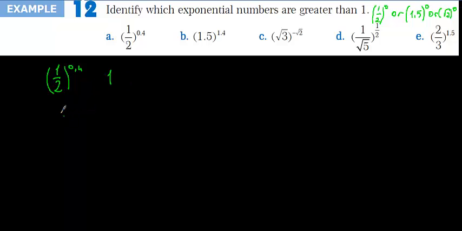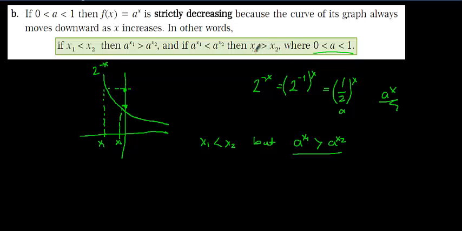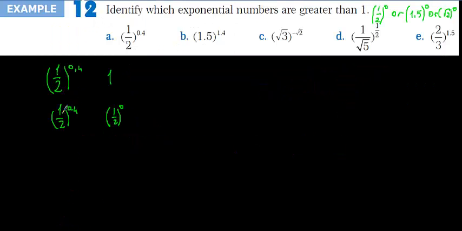Okay, for finding this one, I need to write 1 over 2 to the power of 0.4. I need to compare it with 1 over 2 to the power of 0, which is equal to 1. You know this one. So which one is bigger? The previous property for the base between 0 and 1, here it is 1 over 2.